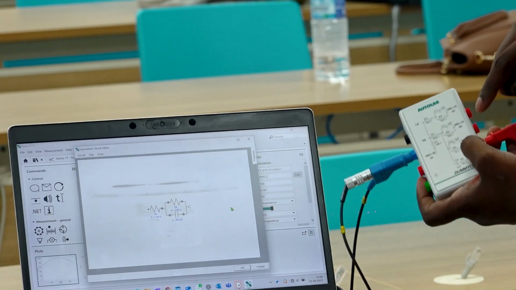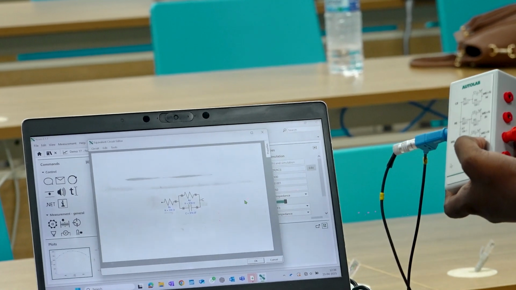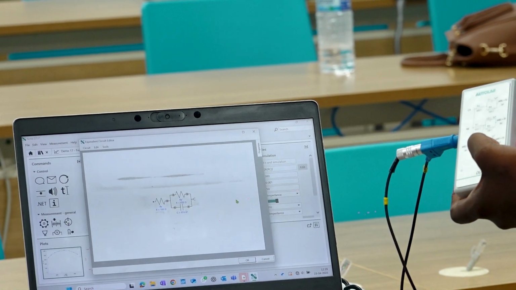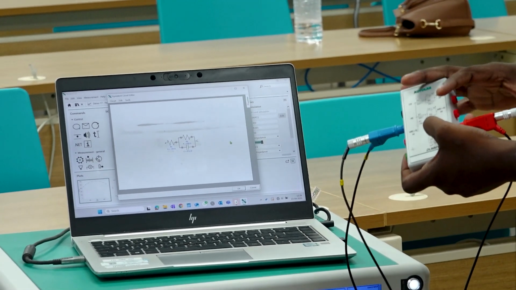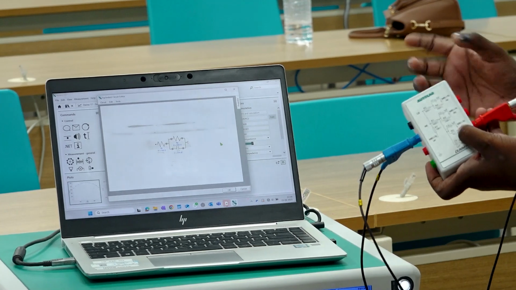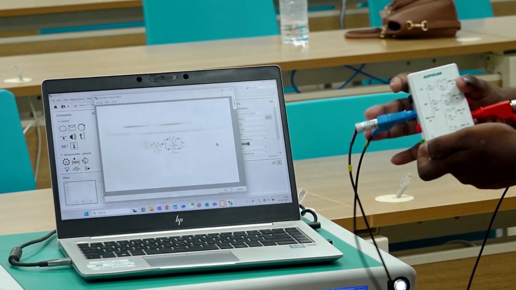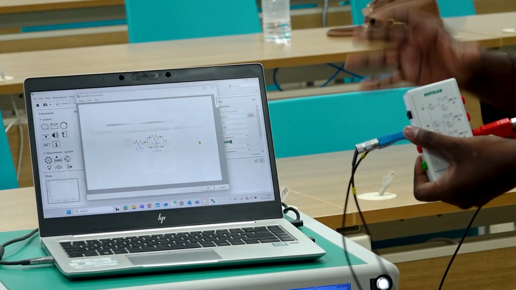I am connecting this point here, so the resistance is 1 kilo ohm. 1 kilo ohm means 1000 ohms. Here we are getting 978 ohms. So the resistance is slightly off. This is not a precision resistor, it's a dummy cell resistor.